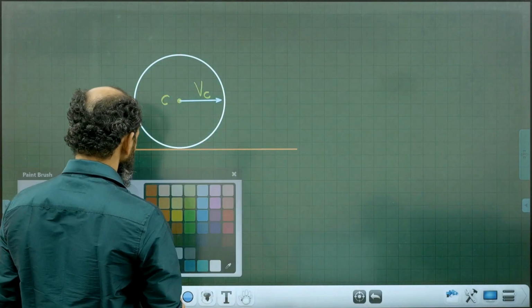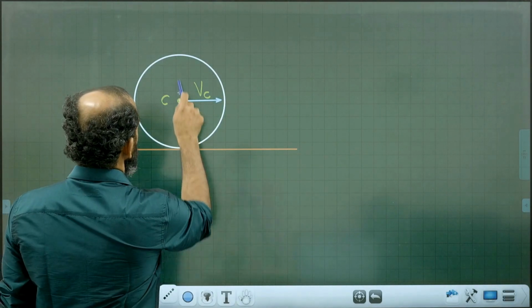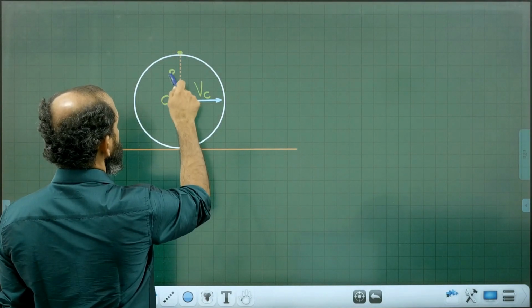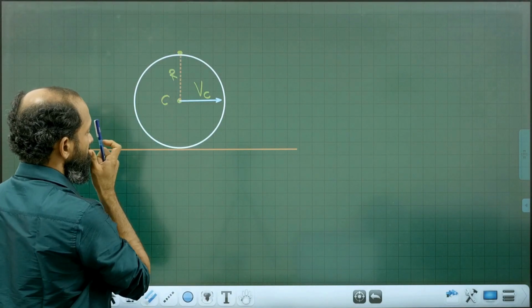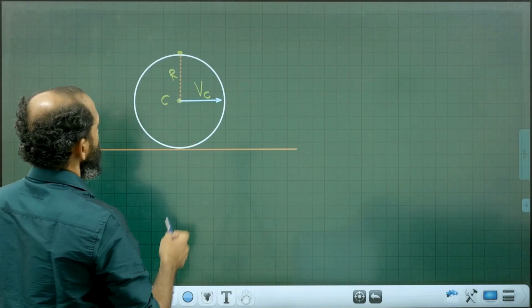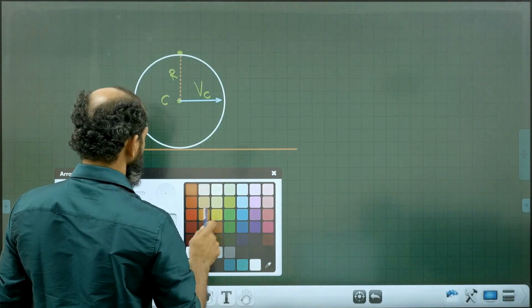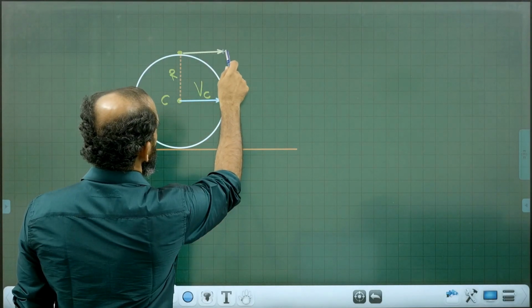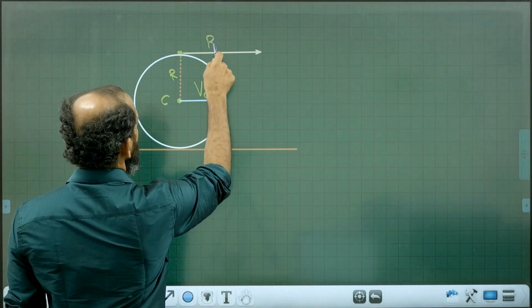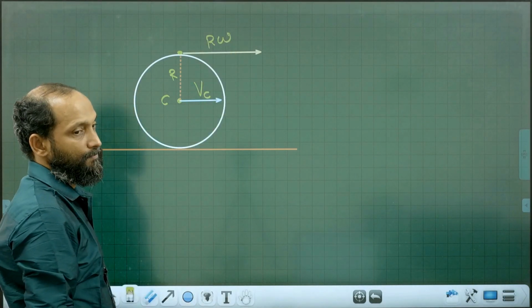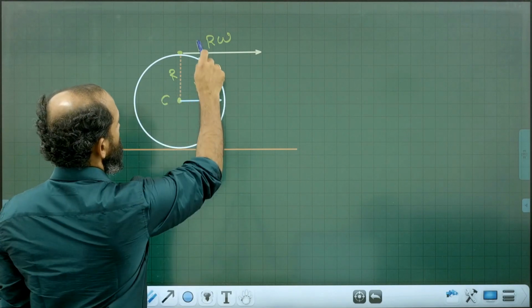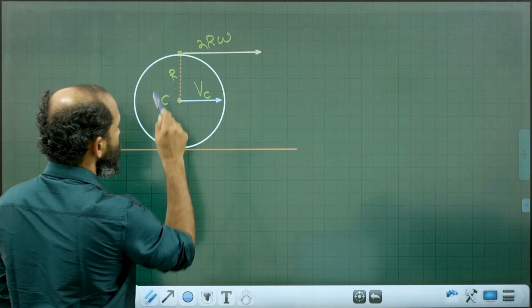If this body is rolling without slipping, a particle at radial distance r will have speed r omega with respect to the center and 2r omega with respect to the bottom.